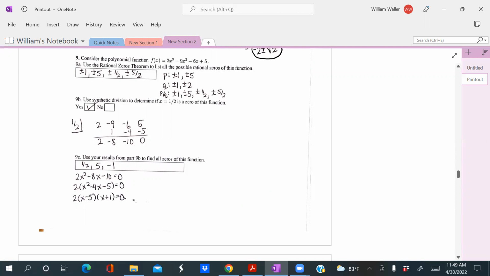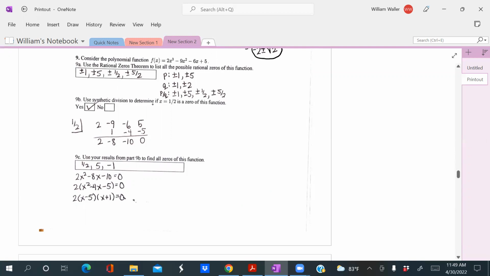So you might have rational x-intercepts at plus or minus 1 or plus or minus 5 or plus or minus 1/2 or plus or minus 5/2. Of course, not all of those numbers can be x-intercepts because this polynomial has degree 3. So that only means it has 3 x-intercepts. But if there are any rational number x-intercepts, they have to be in this list.